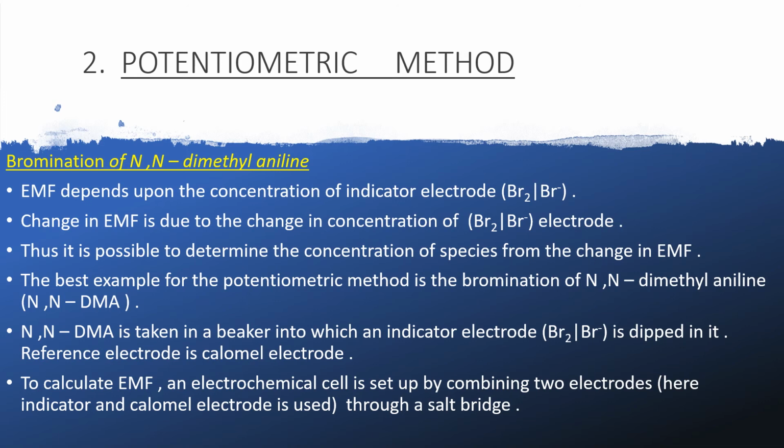And the reference electrode is the calomel electrode. So you all know that to calculate EMF, an electrochemical cell should be set up. For that, you need two electrodes. So one will be the indicator electrode and another will be the reference electrode. That is, the indicator electrode is coupled with the reference electrode through a salt bridge. So here you are using the bromine bromide electrode as the indicator electrode and the calomel electrode as the reference electrode.